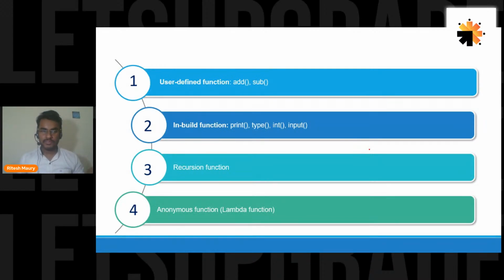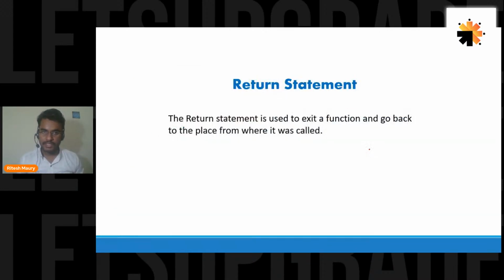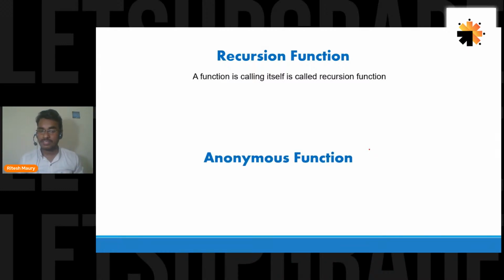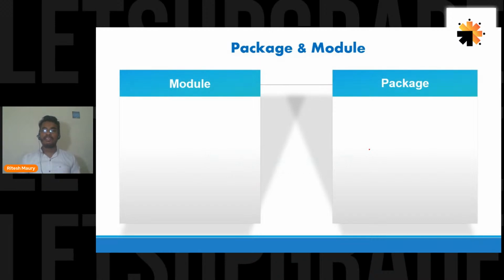We have four types of function: user defined, built-in, recursion, and anonymous function. We did return statements, then recursion, a function calling itself, and anonymous, a function without a name. The next topic is packages and modules.